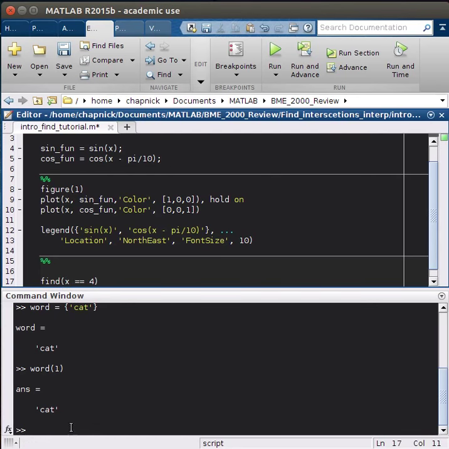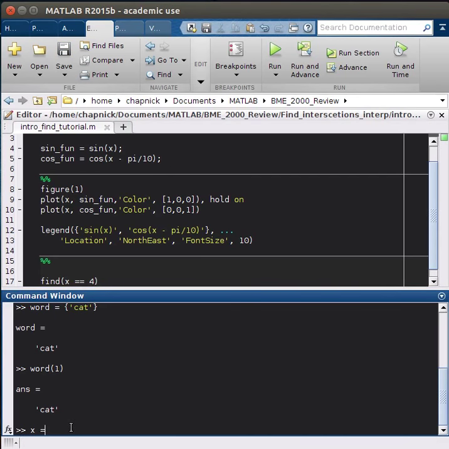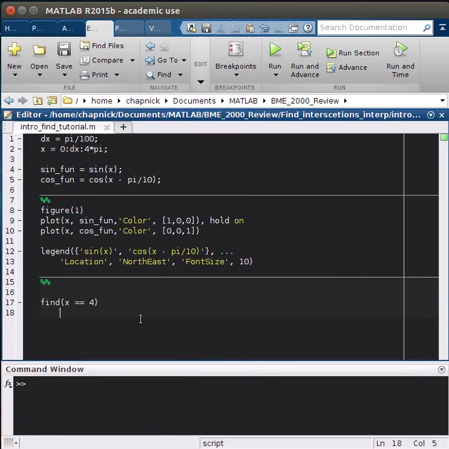So for example, if I had z equals 1 to 5, and I had find z equal 5, it should return a 5. That's how that works. So here, we have find x equal 4, and it returns an empty 1 by 0 matrix.